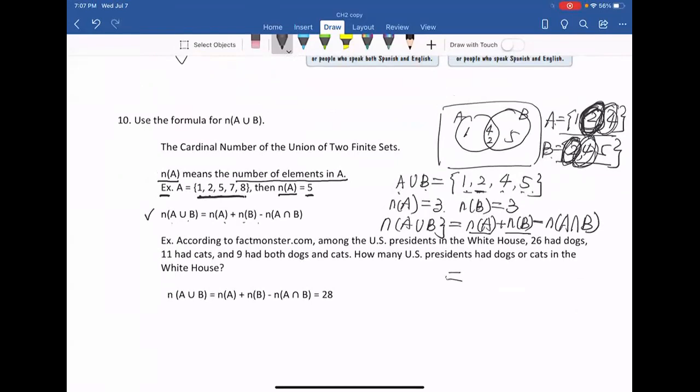They are in the intersection part. So if I have 3 plus 3, in total it is 6. But we already know the union of A and B is 1, 2, 4, 5, and the cardinal number is 4.